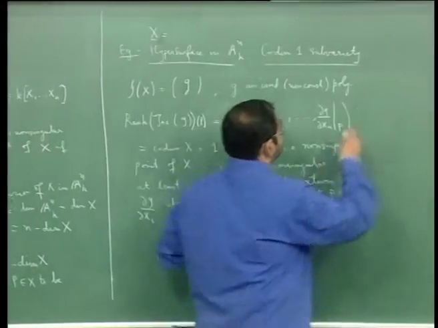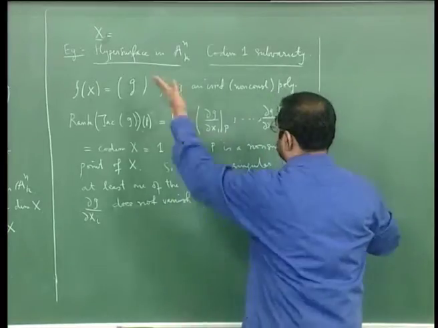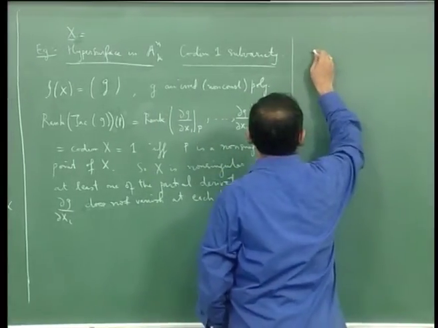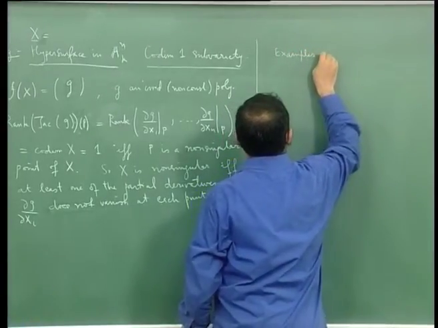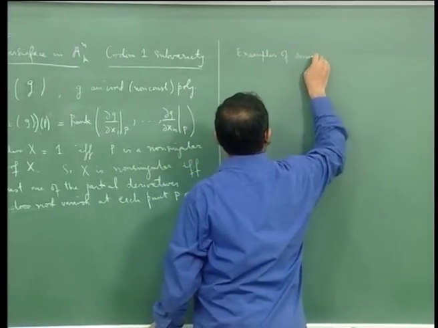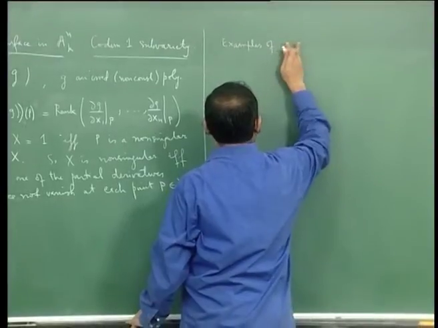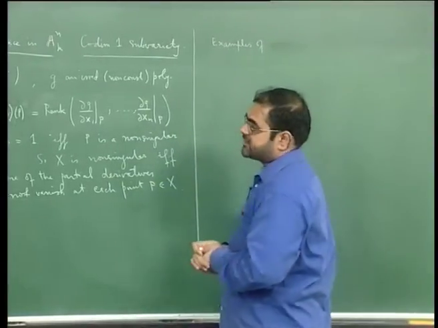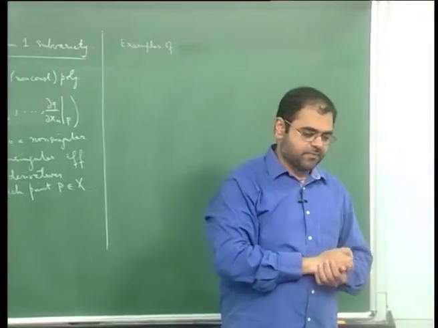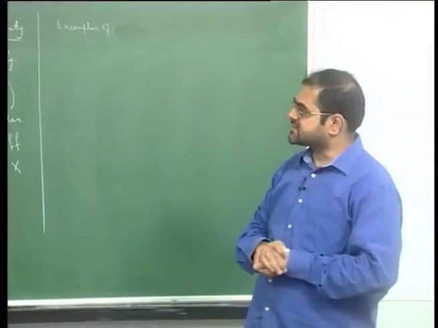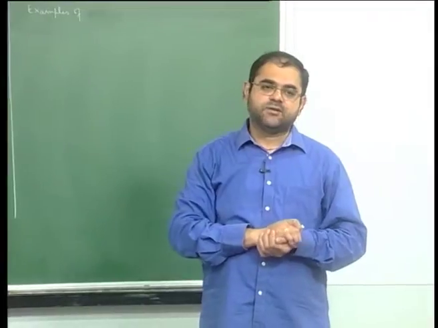So examples of smooth, I keep using the word smooth, but in algebraic geometry the word smooth is reserved for something more general than this, so the word that we use is actually non-singular.